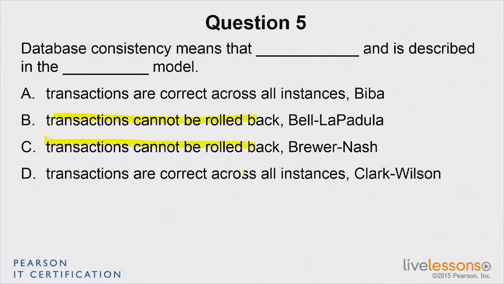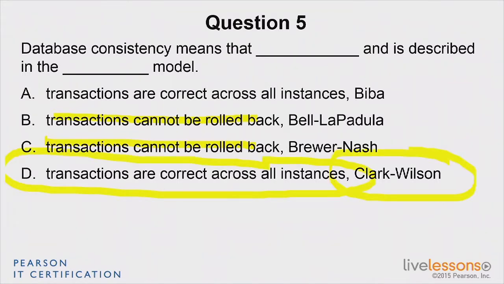We needed to prevent unauthorized users from making modifications, we needed to prevent authorized users from making improper modifications, and we needed to maintain internal and external consistency. So we're going to like our definition right here of database consistency, and our Clark-Wilson model does describe consistency. So D, transactions correct across all instances, and Clark-Wilson. That's going to be your correct answer.